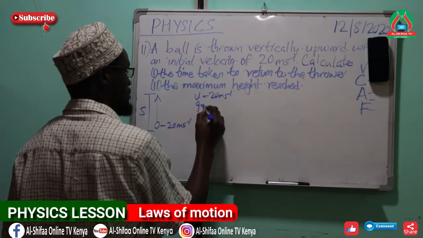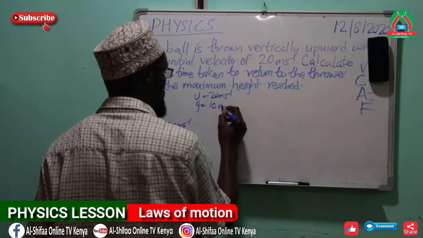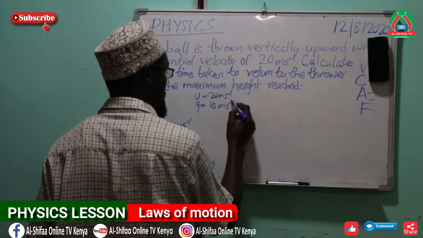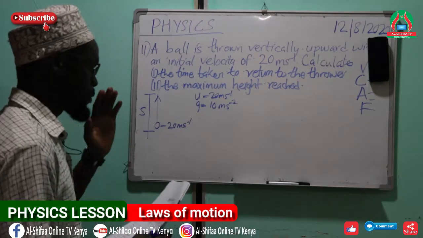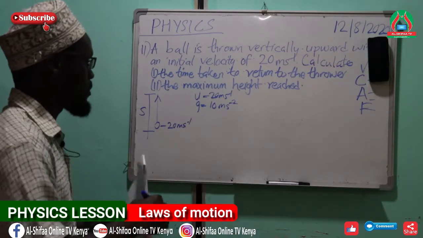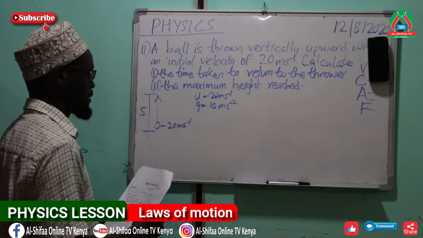Our g, we'll use 10 meters per second squared. The gravitational pull is 9.8 meters per second squared, but for approximation we usually use 10 meters per second squared.